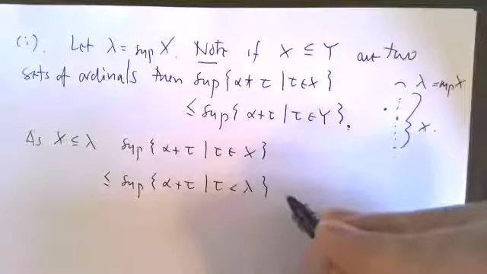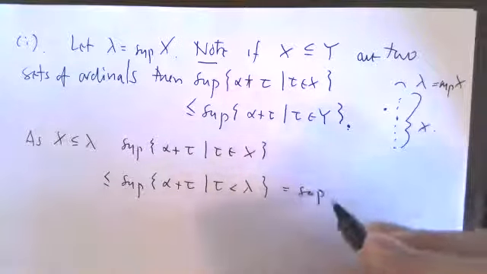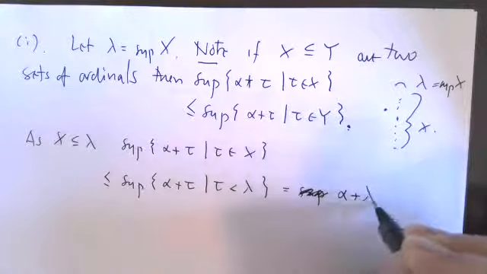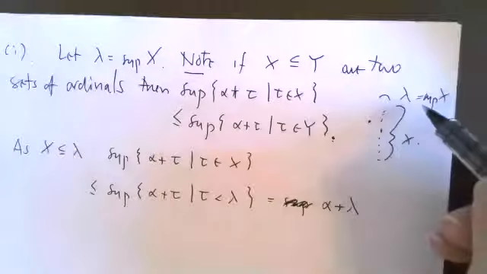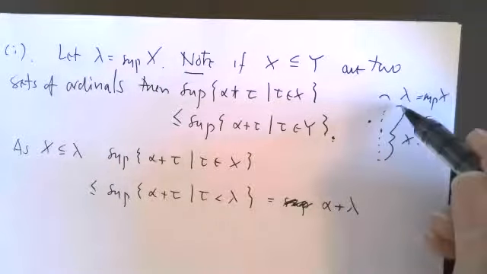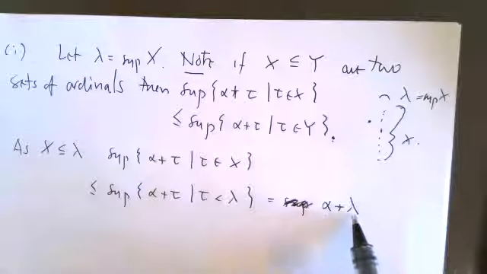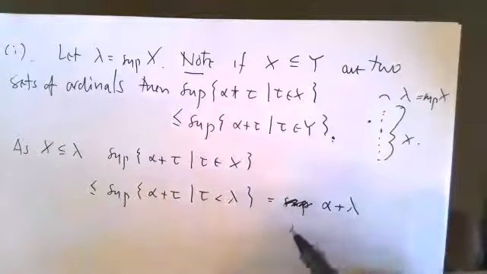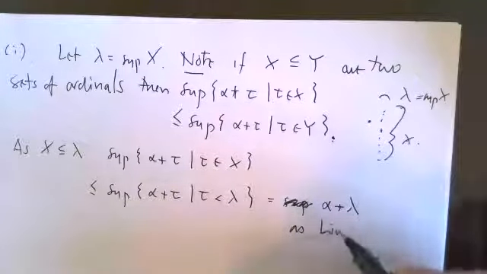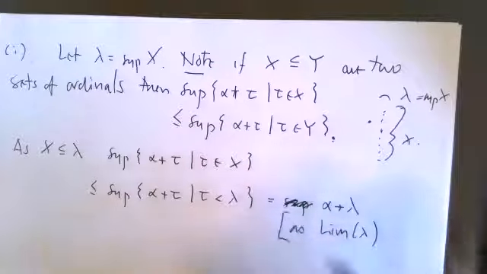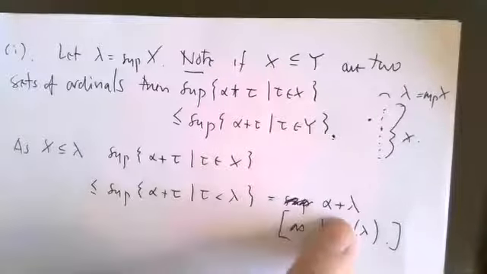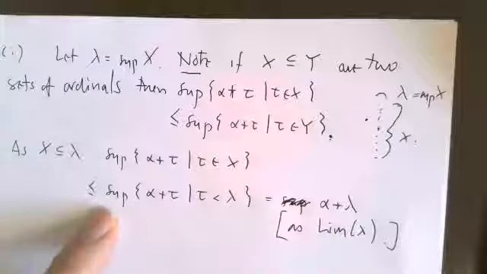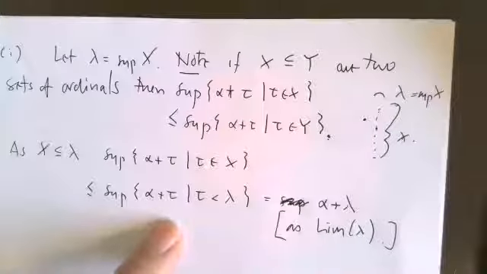But this is, by definition, alpha plus lambda. Because X has no largest element, lambda is a limit ordinal, and I'm just using the definition of alpha plus lambda when lambda is a limit. I'm trying to show that this supremum equals this. So we have one direction here: it's less than or equal to it.